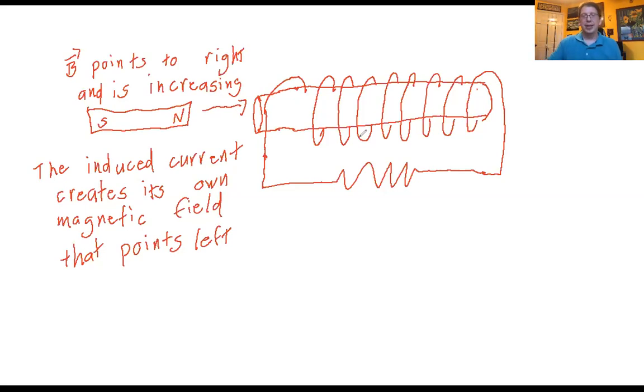So it looks something like this. Again, doing the curl so that it points to the left. So it comes out, it comes down this way. So it's pointing to the left through the resistor.